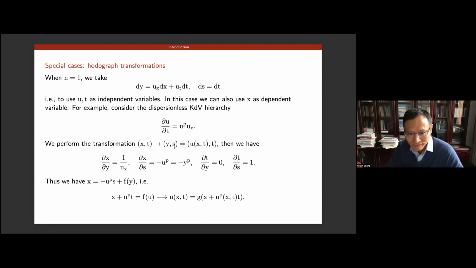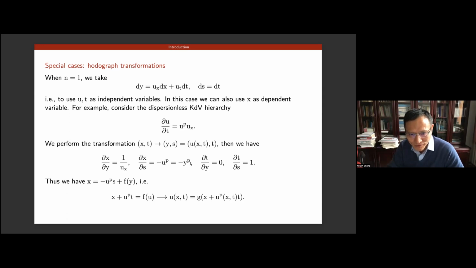Because of this transformation, we can obtain the inverse of the Jacobian, and we obtain the dependence of x, the original spatial variable, on the new spatial variable y, and its dependence on the new time variable s.